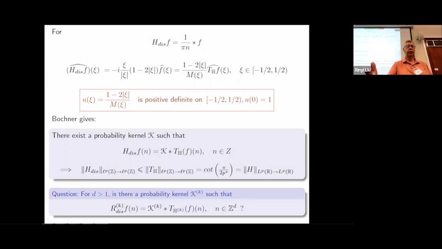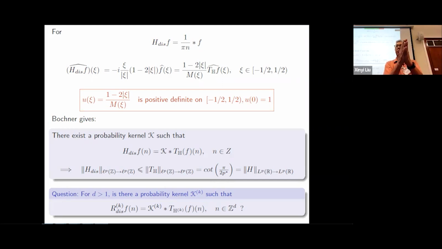One is the previous proof, and the new proof, which seems fairly promising for higher dimensions, is to use Bochner's theorem. Bochner's theorem says that a function is the Fourier transform of a measure if it is positive definite. Here the function happens to be symmetric about -1/2 and 1/2, and is 1 at 0.